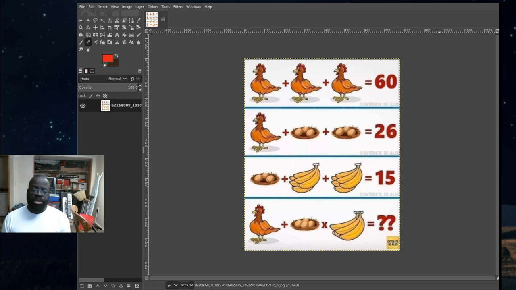Now this would be impossible to solve unless there's a functional relationship with how many items in the image are represented. So in this case, if the function associated with eggs was each egg counts as 1, then you could figure out that a basket of 3 eggs equals 3, a basket of 4 eggs equals 4, a basket of 5 eggs equals 5.